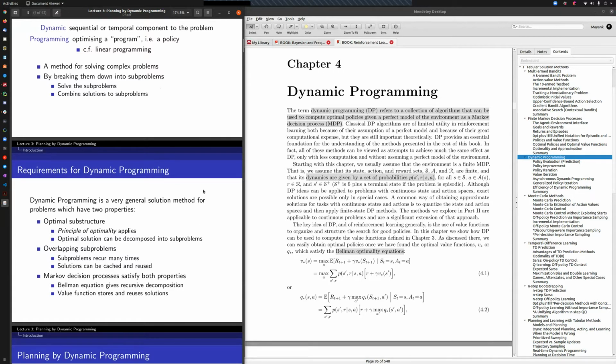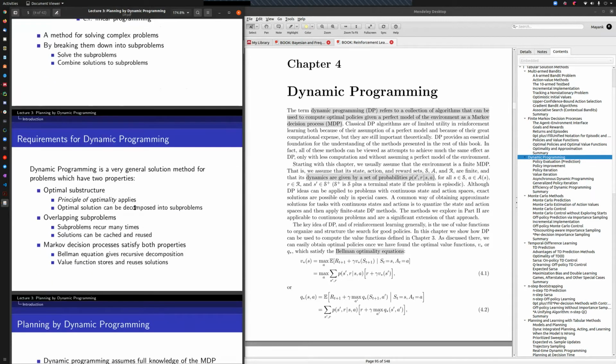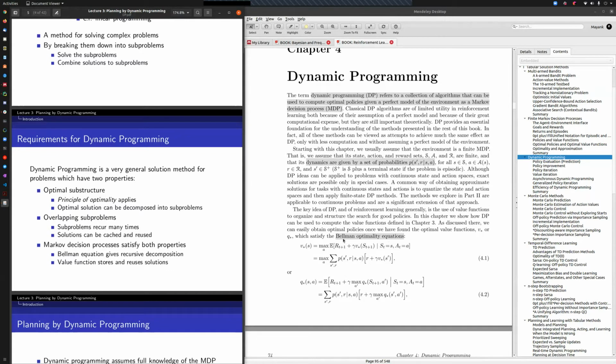Since this is the principle of optimality for optimal substructures, we are trying to get the optimal solution, or the equations that we looked at last time.